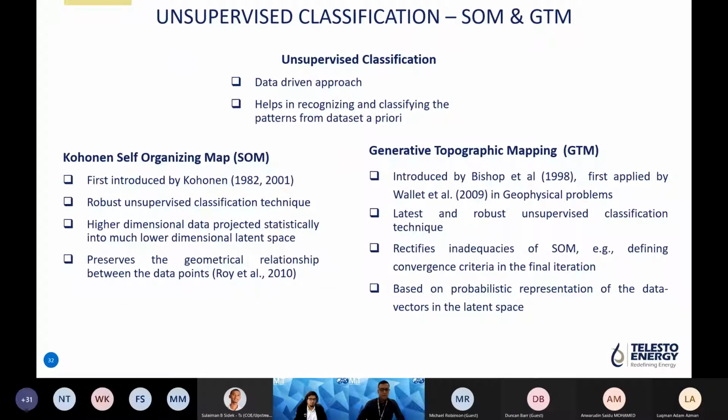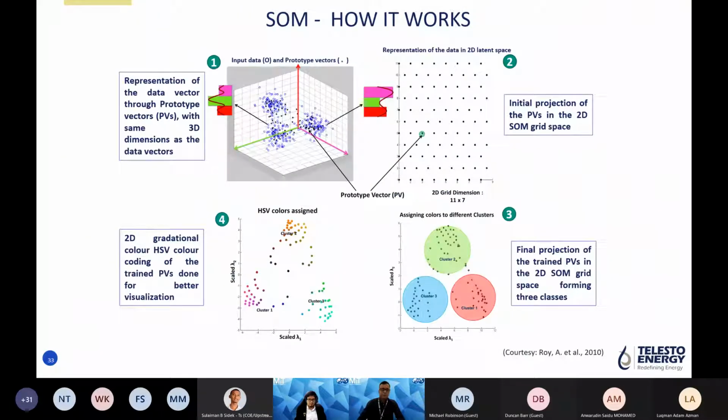But it does preserve the geometrical relationship between the data points. Similarly, GTM is also a robust unsupervised classification technique. This addresses some of the inadequacies in SOM, and this is based on a probabilistic representation of the data vectors in the latent space. So this is how it works.